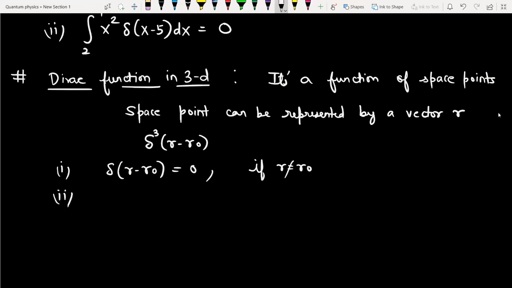Okay, in the second case you have del of r minus r naught is equal to infinity if r is equal to r naught.